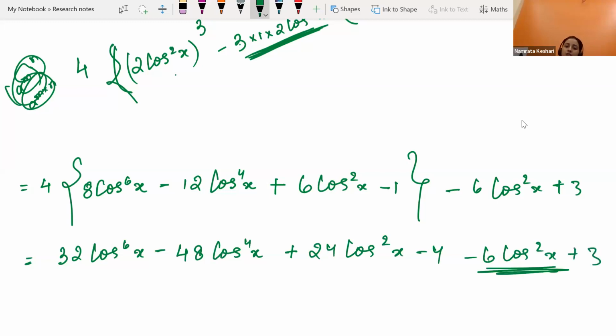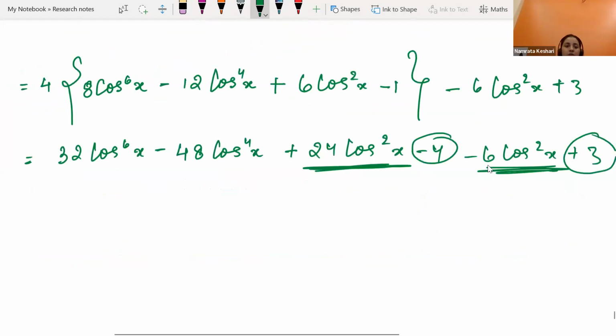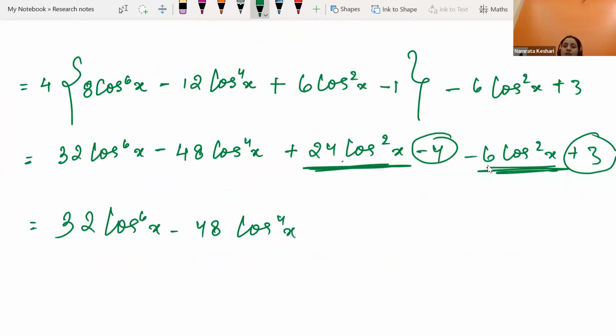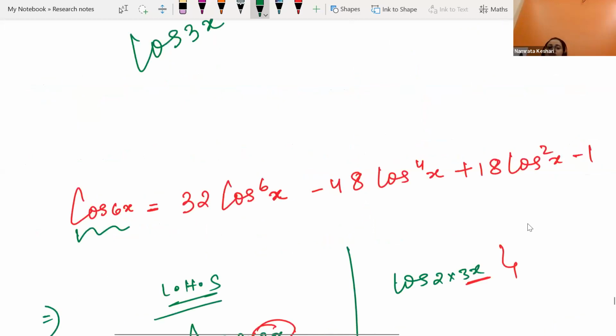Now this one and this one are like terms. This 4 and 3 can be combined together. Let's continue. 32 cos to the power 6x minus 48 cos to the power 4x, and 24 minus 6 is 18. Is it 18? Yes, we are done.